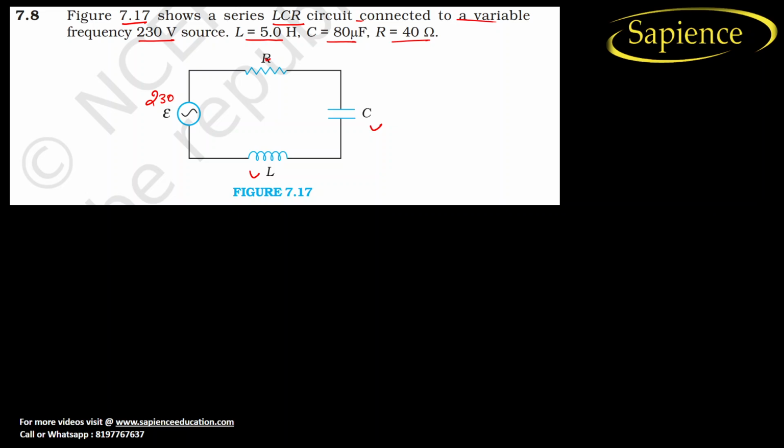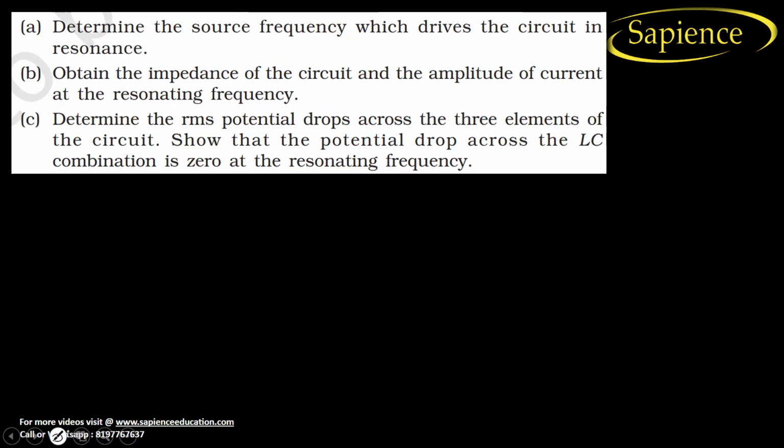So let's try to solve what type of question they are asking. The first question they are asking: determine the source frequency which drives the circuit in resonance. Got it?